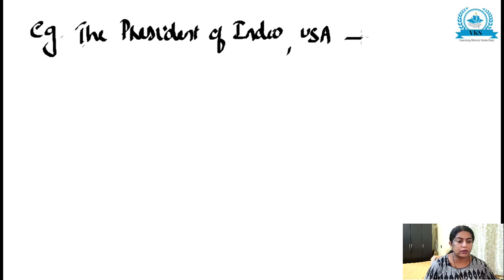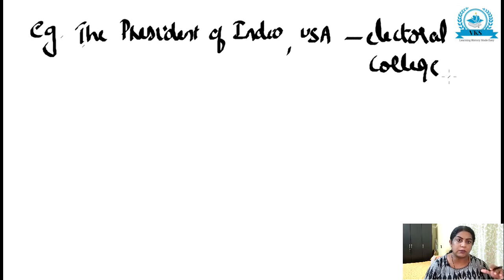They are elected through an electoral college. The electoral college, we said, is an intermediary body. First voters elect a group of members, that is the electoral college, that is an intermediary body, and they select representatives. So when selecting the President of India, USA, etc., they are elected through this electoral college. Now who are the members of this electoral college? It consists of representatives of people.